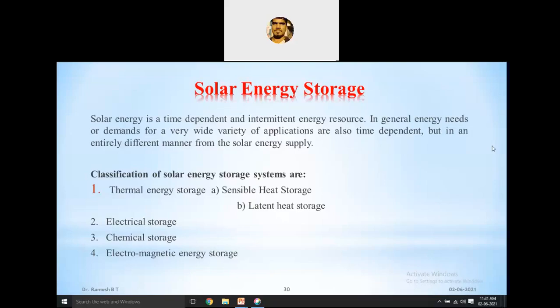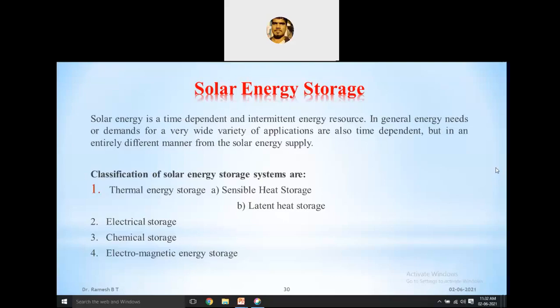It may harm the environment. So environmental and safety consideration is another factor. And ultimately all these things will make it very economical. Then only, after the economical analysis, can we use it. If it is costly, no one will use it. So these are the factors which decide the energy storage system.